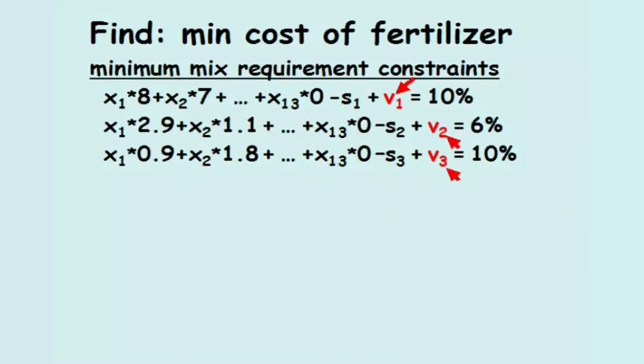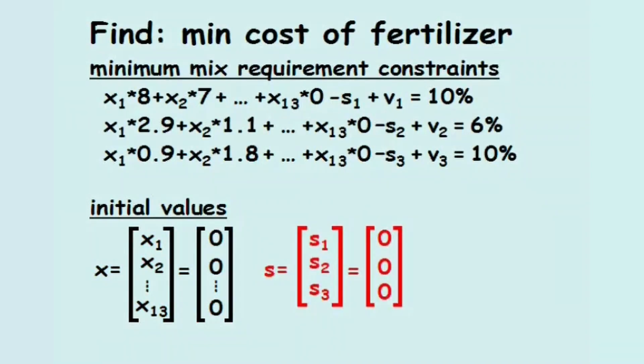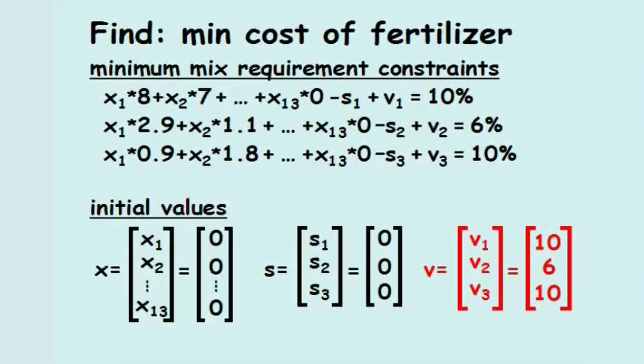And we'll begin the algorithm by setting all 13 decision variables to 0, the 3 surplus variables to 0, and the 3 artificial variables to the right-hand side for each constraint.